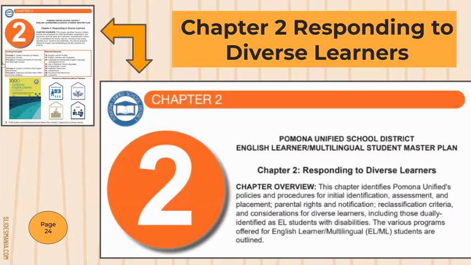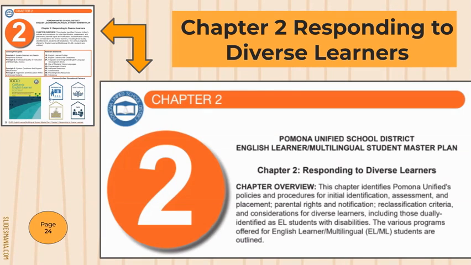Notice on the upper left-hand corner, this is page 24 of the master plan. You see an image of the California English Learner Roadmap. We are very proud to say that we were one of the first districts in California to really use the newer English Learner Roadmap from California to really guide our work. So all our work is aligned to the document from the state of California.